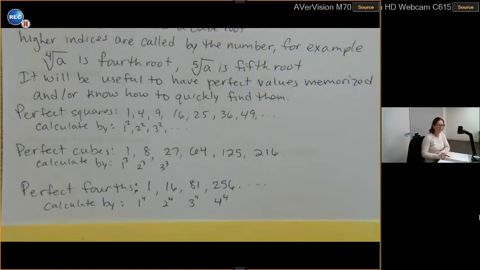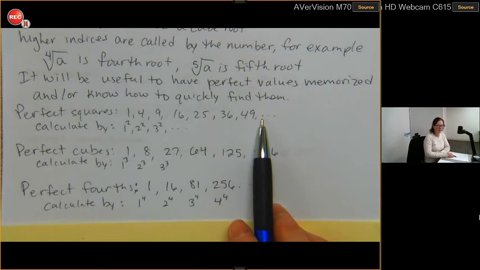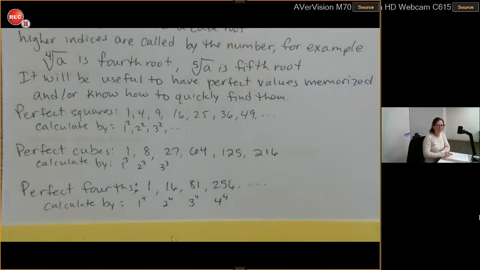For example, 64 is both a perfect cube and a perfect square. 81 and 16, those are both perfect squares and perfect fourths. So you want to make sure to pay attention to the index to figure out which type of radical we're working with.